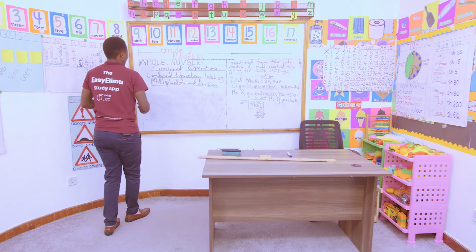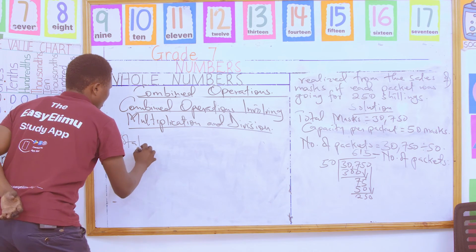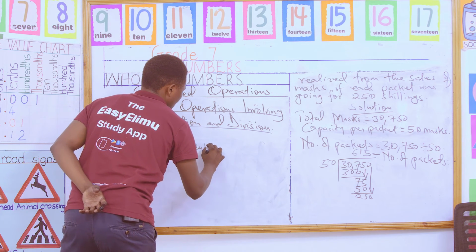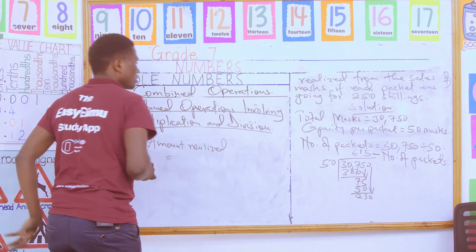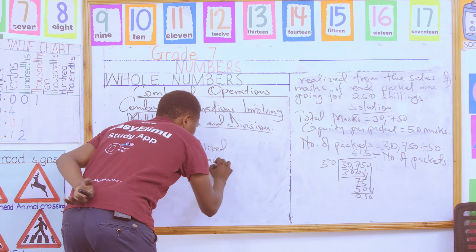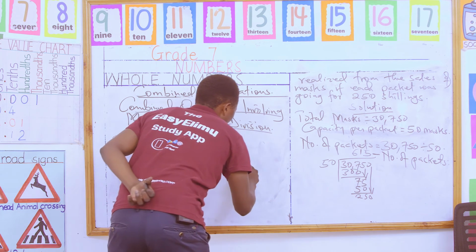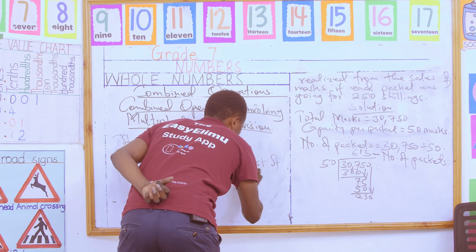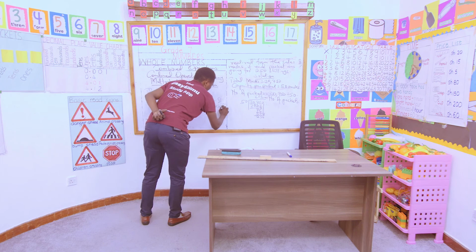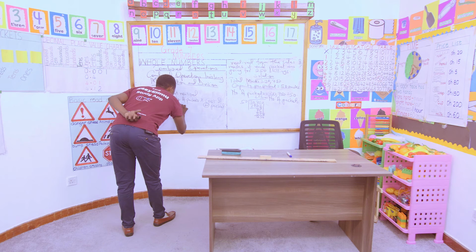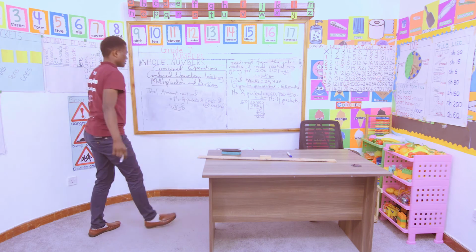So, total amount realized is equal to number of packets times the cost of each packet. So here we have number of packets are 615, and the cost of each packet is 250 shillings.